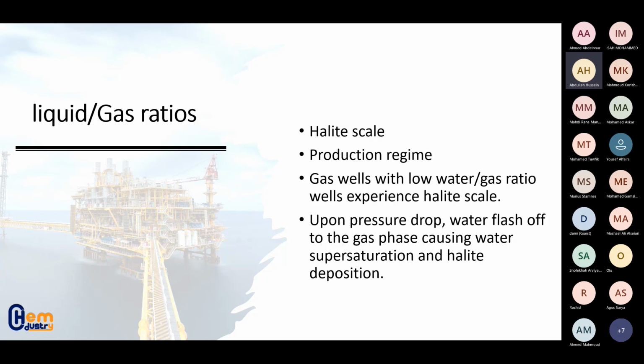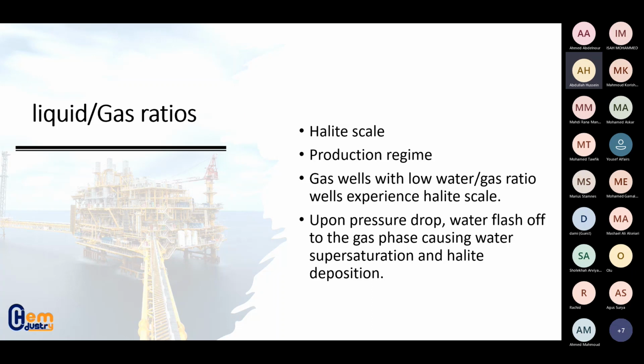Someone will ask, okay, halide is highly soluble, why will it precipitate? The thing is, most of the produced waters we have in oil and gas fields are fully loaded with sodium chloride. So while the supersaturation is not there, which is the driving force, you still have high potential. And this high potential is coming from the high concentrations of the sodium and chloride ions in your system.